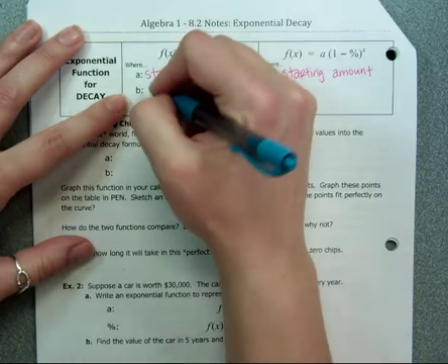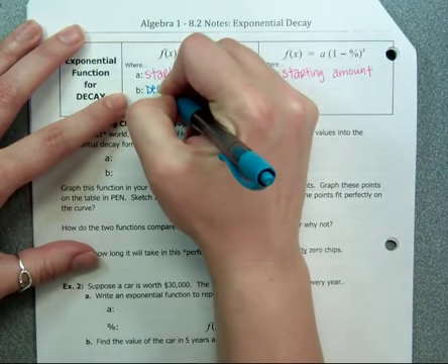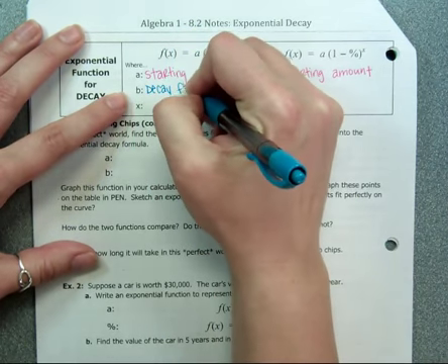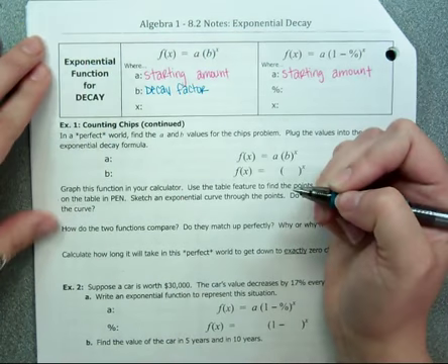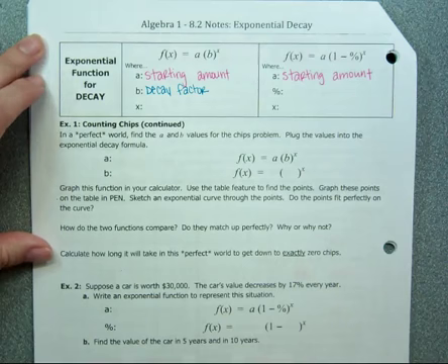Okay. B is going to be our decay factor. So before, it was 2 if it doubles, or 3 if it triples.